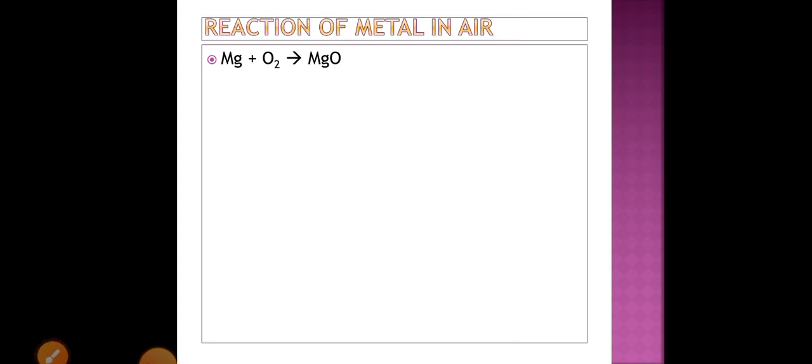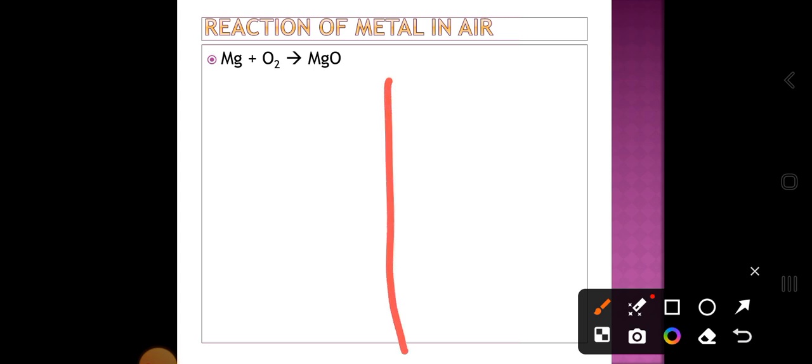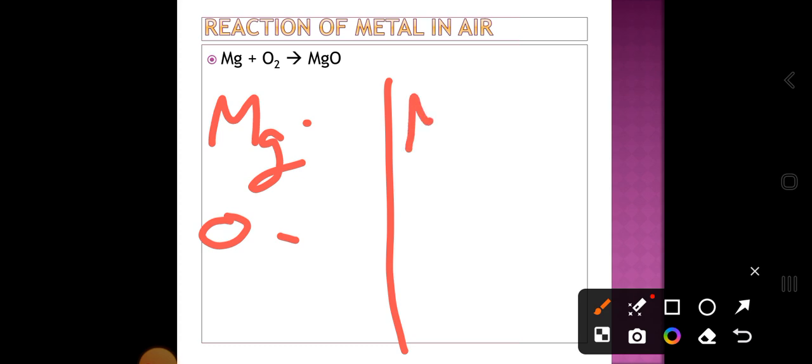Similarly, one more example: magnesium reacting with oxygen to give rise to magnesium oxide. Here again, if you observe, magnesium has a metallic color. Usually it comes as magnesium ribbon, and when it is exposed to oxygen it burns, not violently, but with a lot of light and heat. So it's a totally exothermic reaction. Once the product is formed, it is no more metallic because an oxide layer is formed on magnesium.